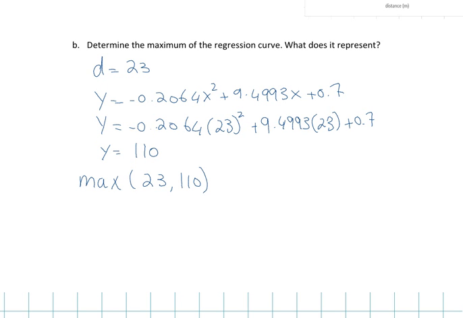And I'm going to say that, what does it represent in this case? So it tells us the firework reached a maximum height of about 110 meters at a distance of 23. Yeah, that's right.